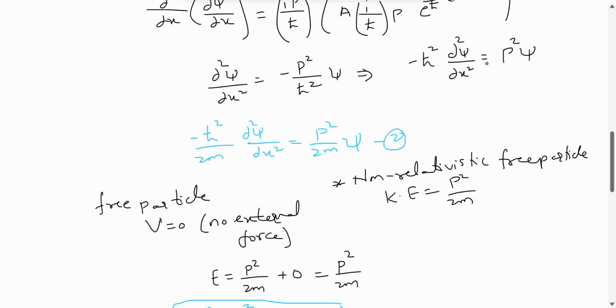So here we got p square psi, and when we divide by 2m, on the right hand side we get kinetic energy, p square by 2m times psi.